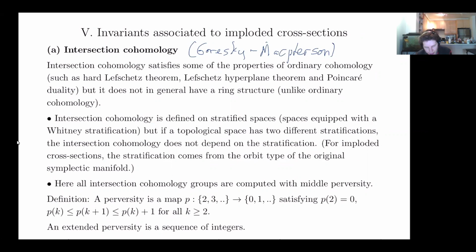To define intersection cohomology, you need what is called a perversity. A perversity is a sequence of integers. You can make a definition where you impose some conditions, basically that it is monotonic, the condition that P of k is less than or equal to P of k plus 1.